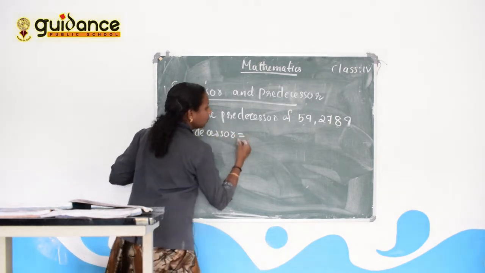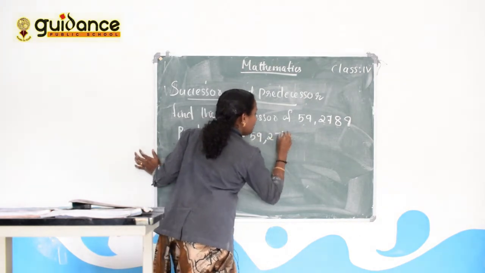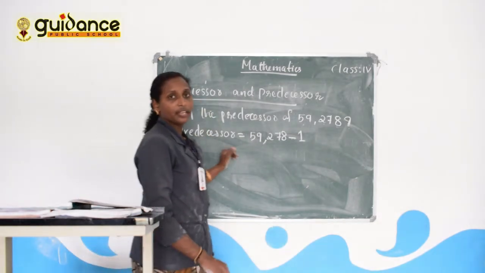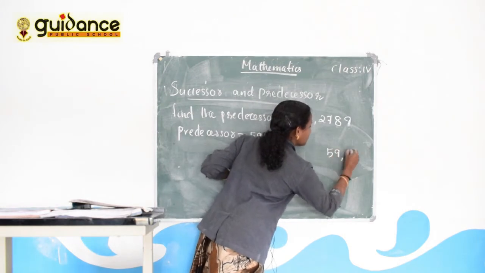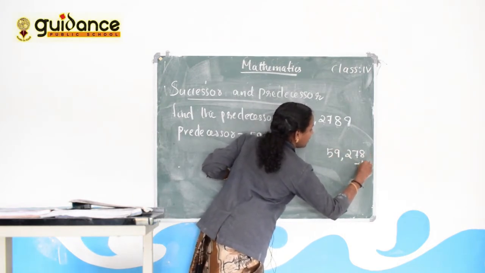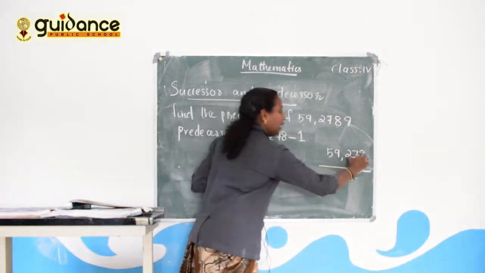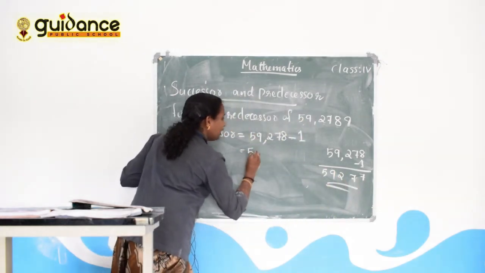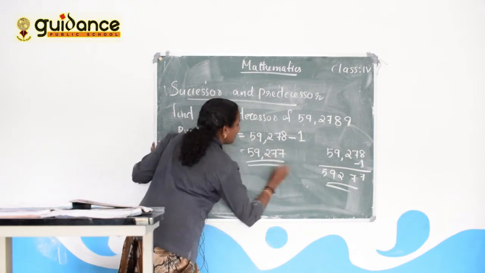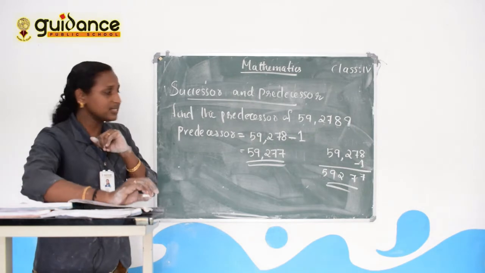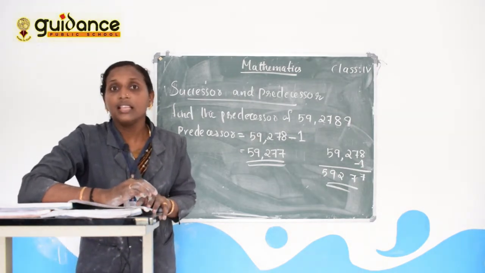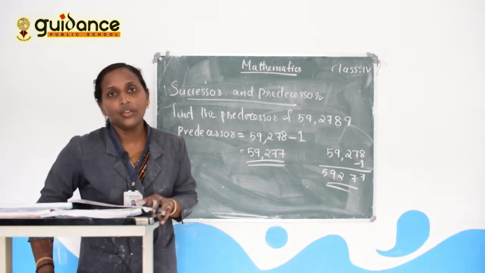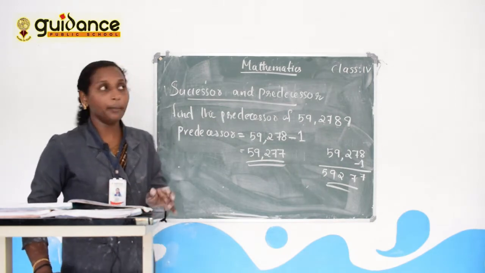Predecessor is equal to 59,278 minus 1. 8 minus 1 is 7, then 7, 2, 9, 5. So the predecessor is 59,277.